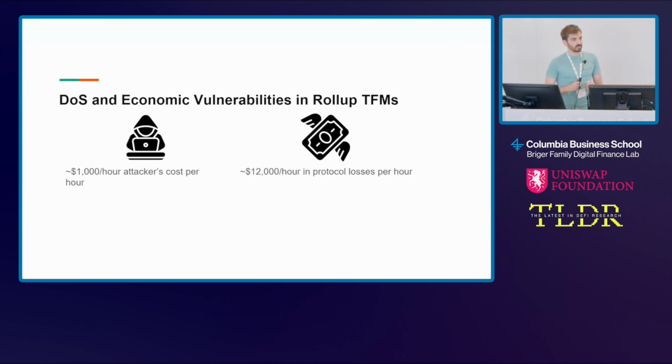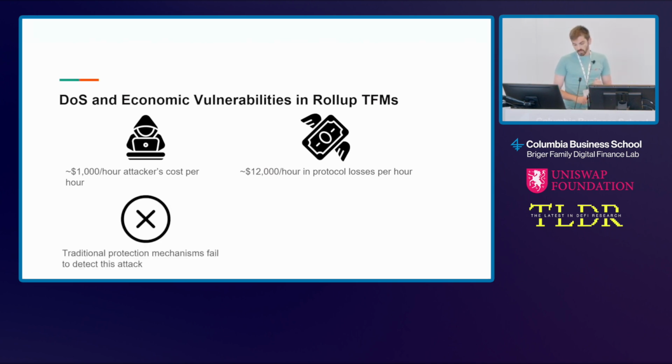And on top of that, with a naive TFM that some ZK rollups use, it will also cause damage of 12K in 1 hour. So we are going to discuss why the existing mechanisms could not work, and also we will present some mitigations for this attack.